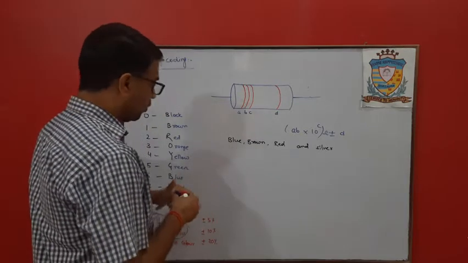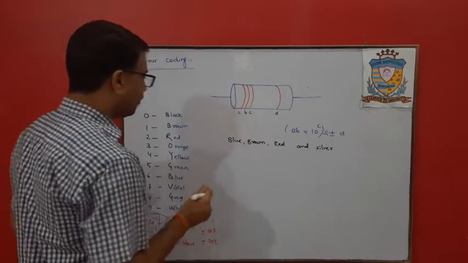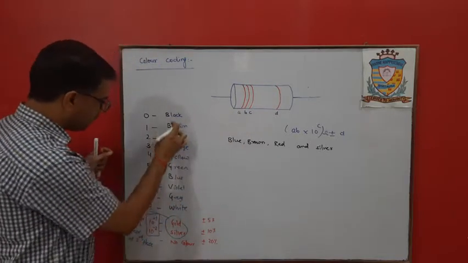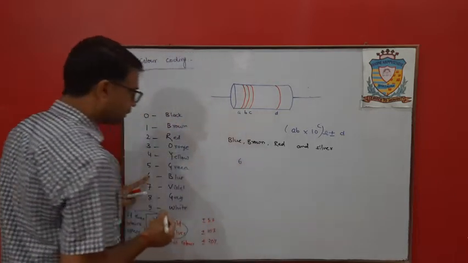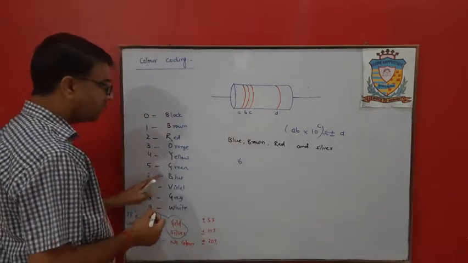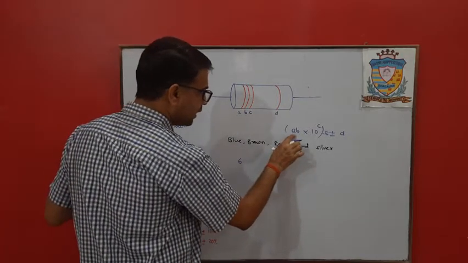So what is the value for this combination? Now for blue, what do we have? For blue we have 6. Okay, and for brown we have 1. As I said, it is AB.